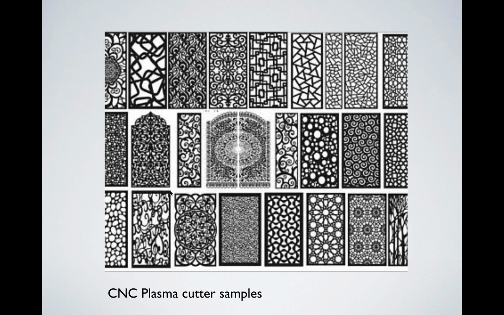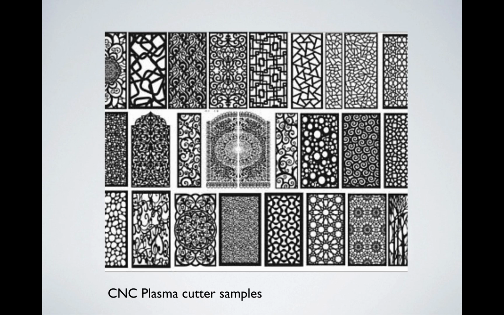What's nice about doing the CNC plasma cutter is you're able to put these different designs into your sheet metal. Now, things like this one are going to be a little too intricate because remember, you can't get as precise of detail as you can with the laser, where you can get these super fine, thin cuts.